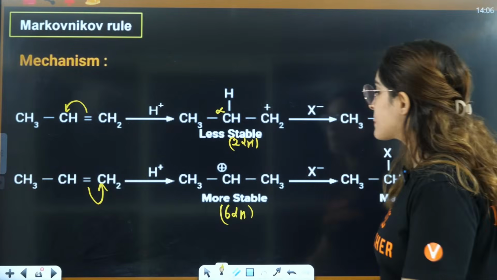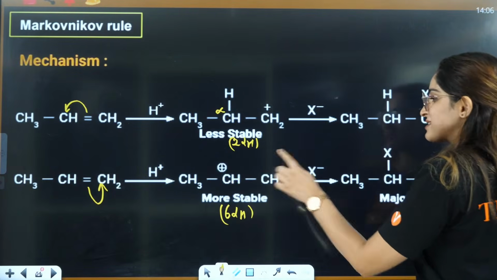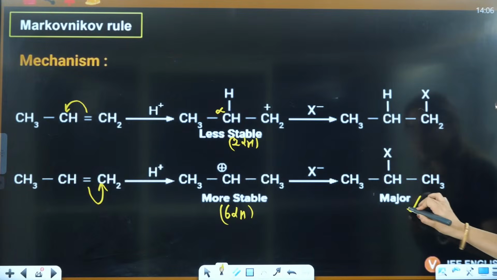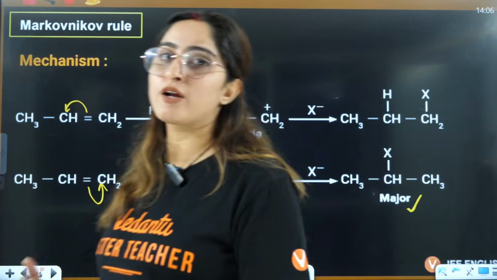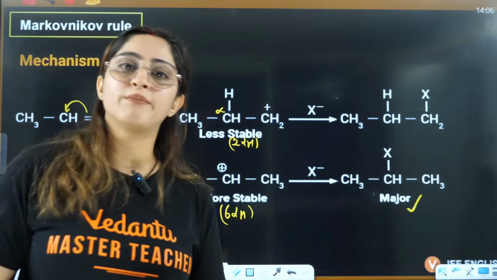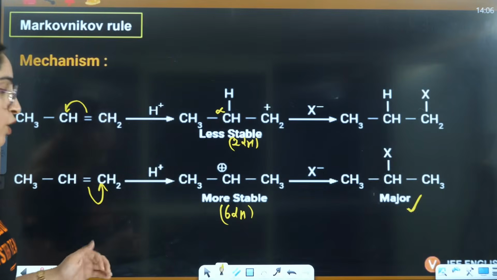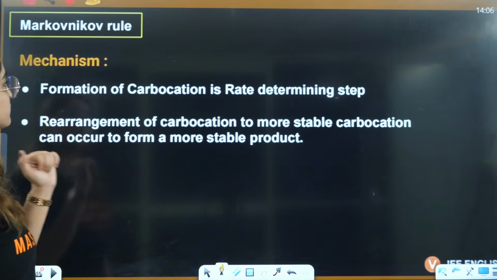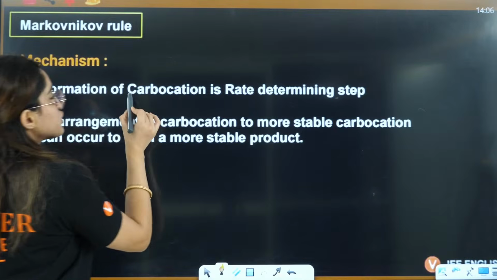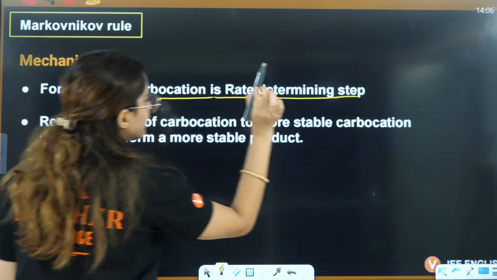So this is more stable, and that's why X negative is attached here and that's why this is the major product. So directly we tell Markovnikov's rule: the negative part will be attached to the carbon with fewer hydrogens. Formation of the carbocation is the rate determining step here.